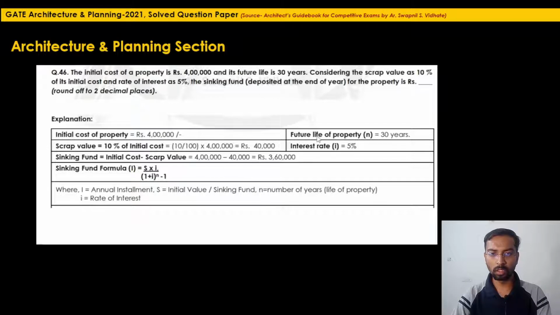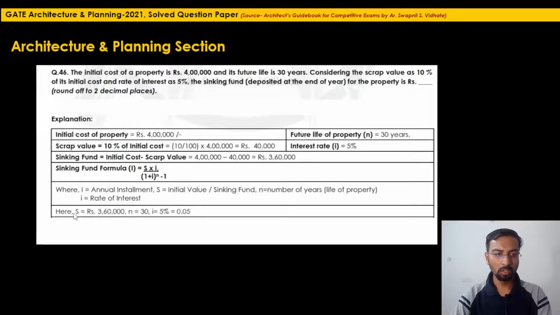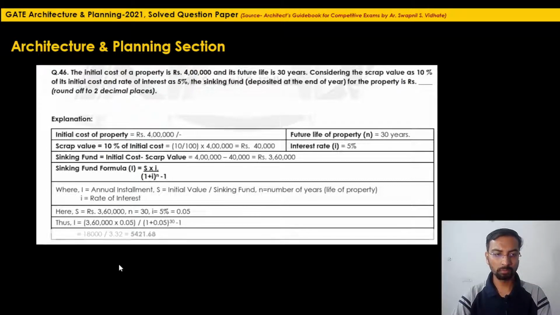N is the total future life of the property, which is 30 years. So let's put the values. S is 3,60,000, N is 30, i is 0.05. Simply put these values in the equation. The answer is 5421.68.